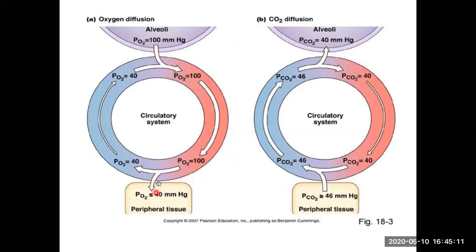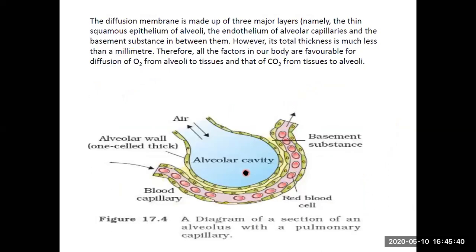So again diffusion into the tissues, and again oxygen is available. Here again CO2 is 40 mmHg and here 46, so it moves out. In tissues it is 46 mmHg, so CO2 comes out from the tissues through blood and reaches the alveoli. So this is according to the partial pressure.